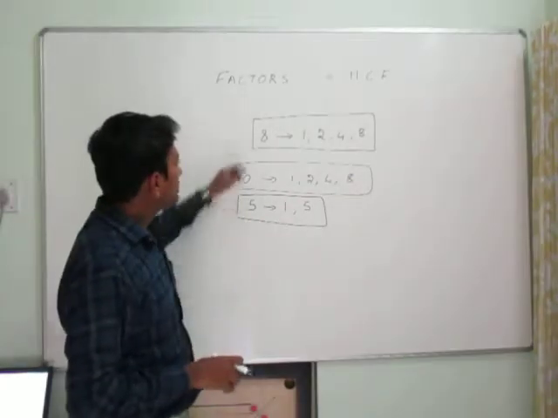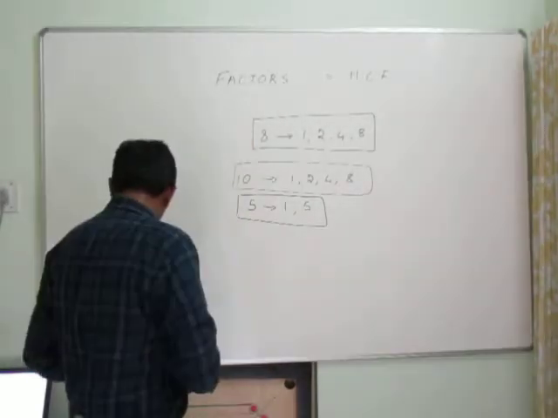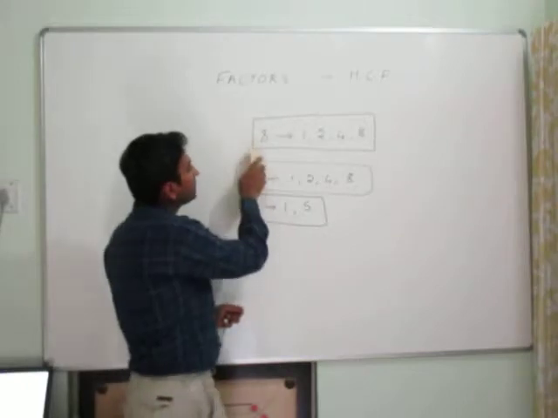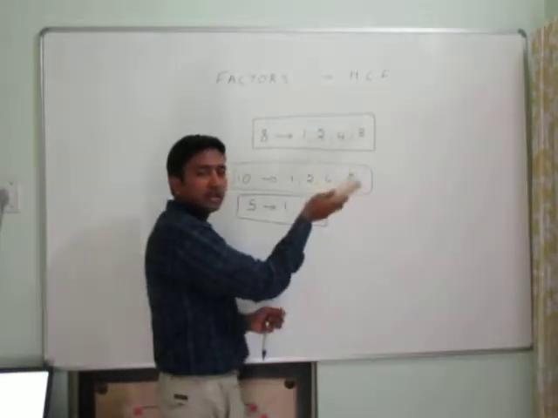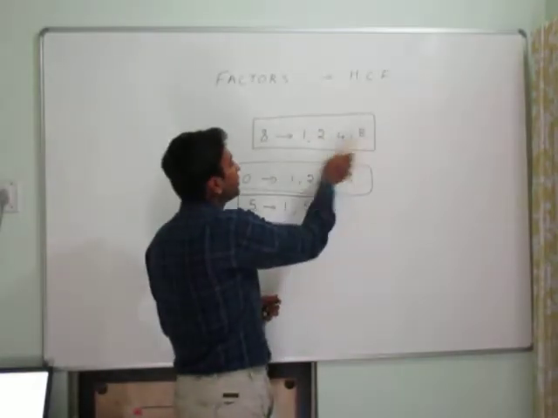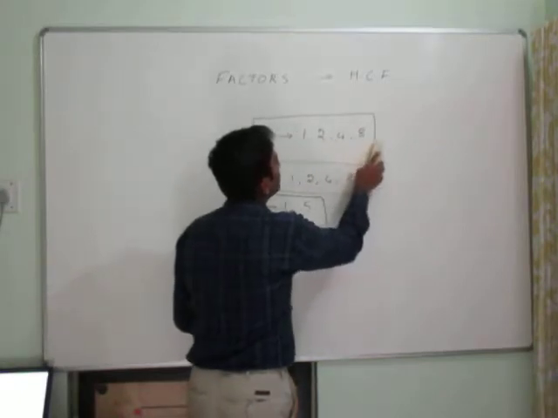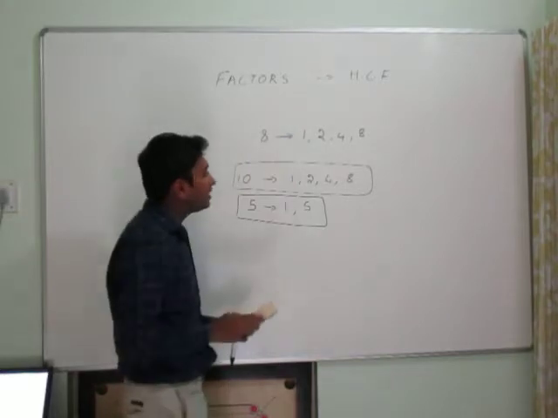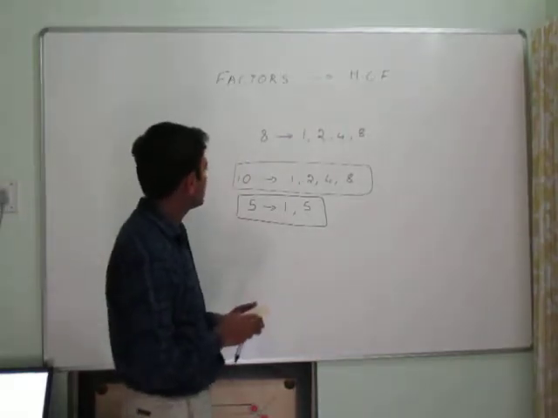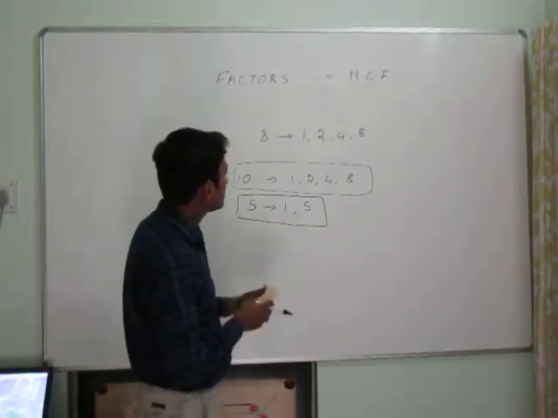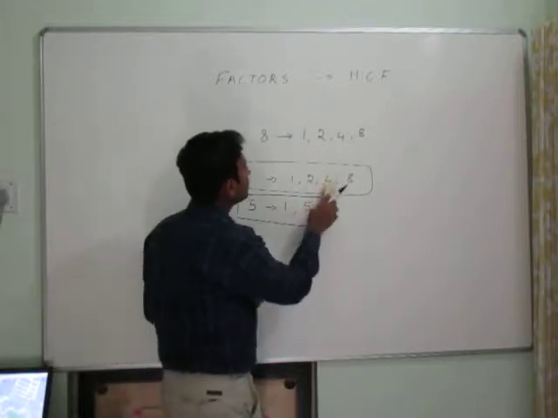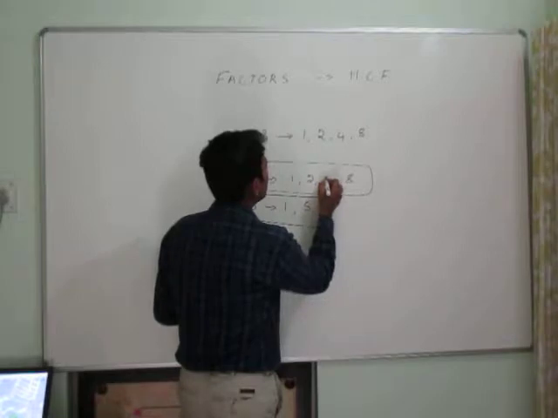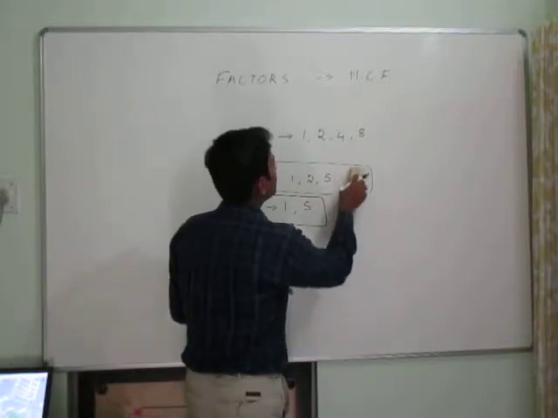Now, see these three numbers. How many factors does the number 8 have? 1, 2, 3, 4. Four factors, and those factors are 1, 2, 4 and 8. Sorry, there's a mistake here.